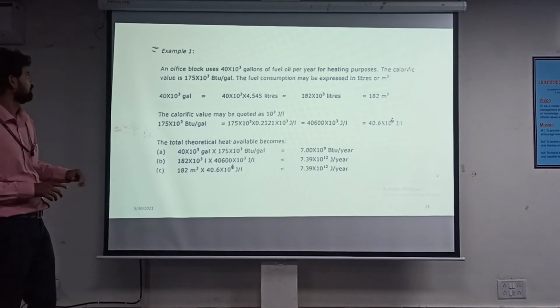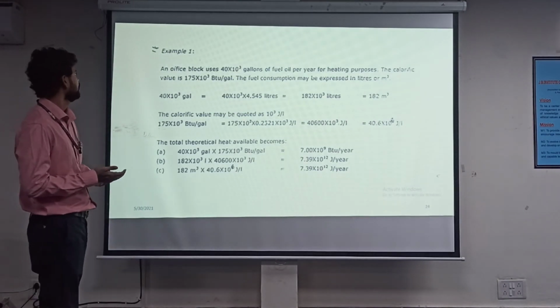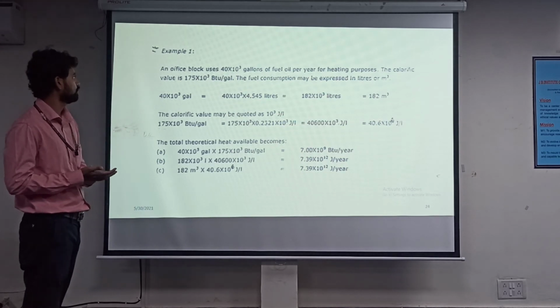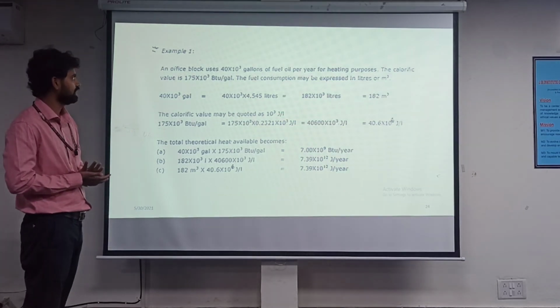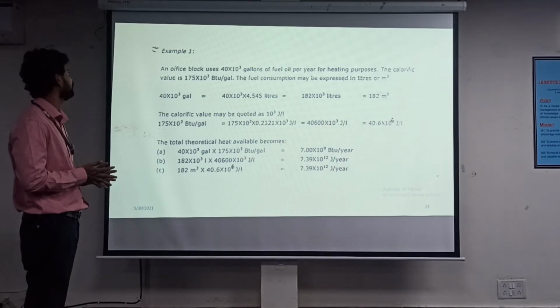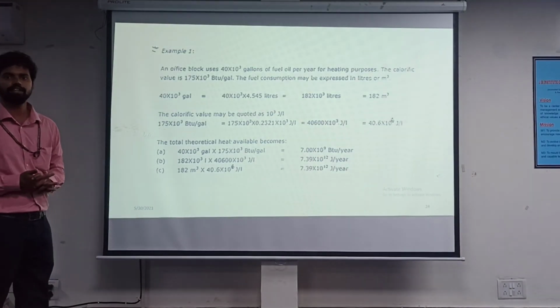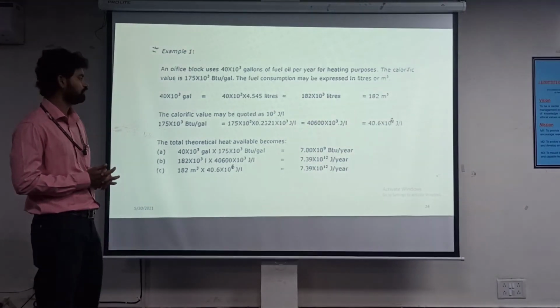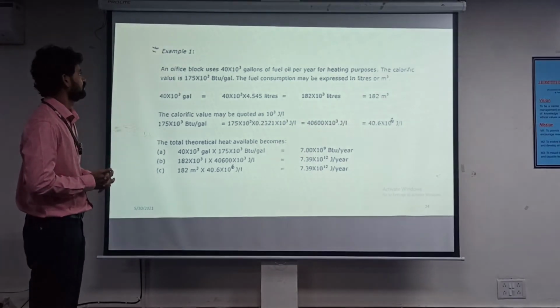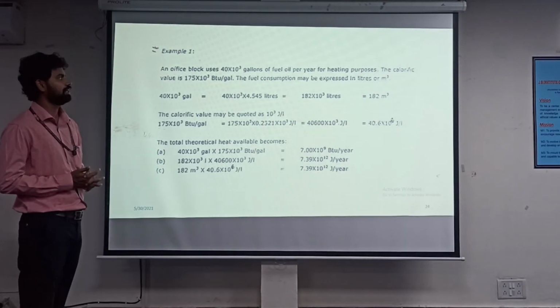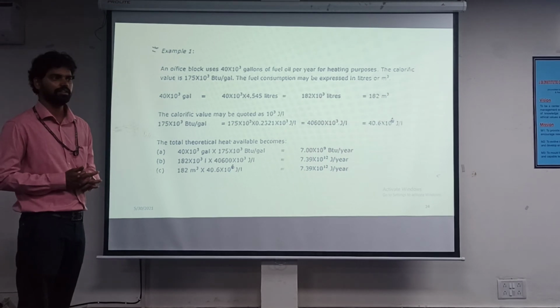So here we have considered an example. An office block uses 40 into 10 to the power of 3 gallons of fuel oil per year for heating purpose. The calorific value is 175 into 10 to the power of 3 BTU per gallon. So the fuel consumption may be expressed in liters or meter cube.